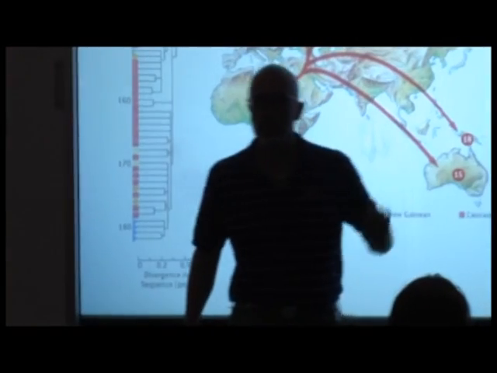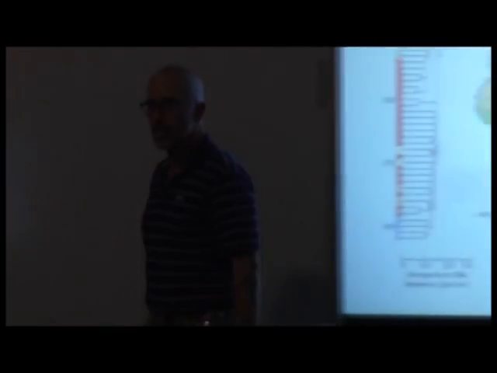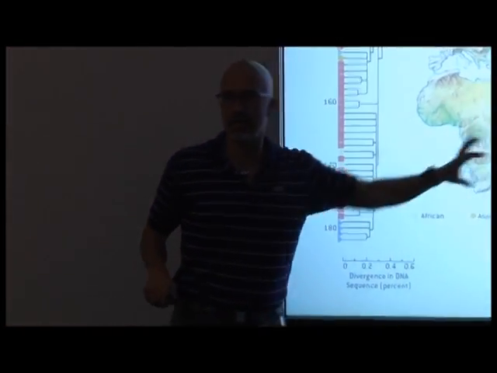But it turns out, knowing the mutation rate of mitochondrial DNA, this ancestress, if you will, was only 200,000 years old. And that would mean all of those Homo erectus populations and their descendants everywhere outside of Africa did not leave any mitochondrial DNA behind.